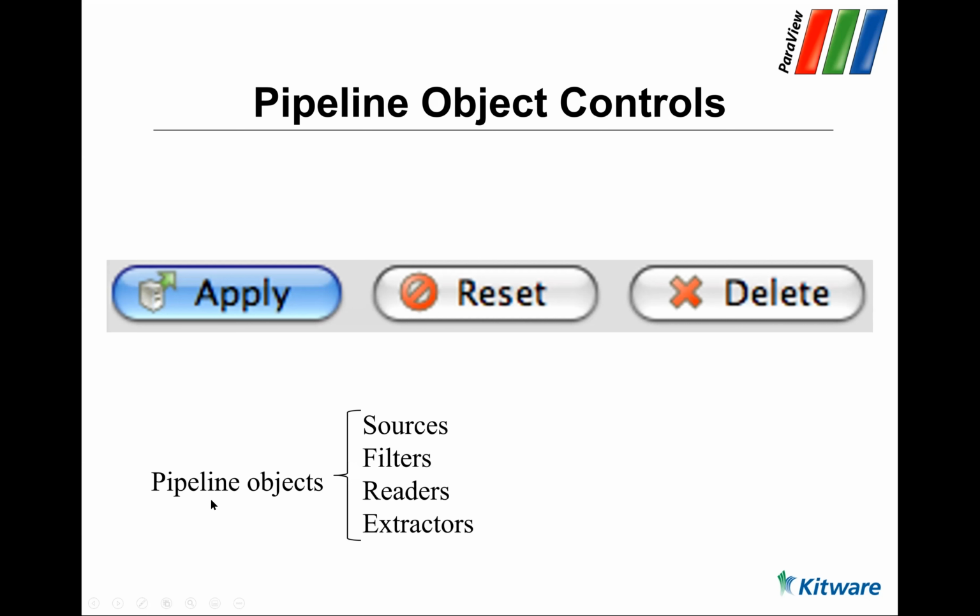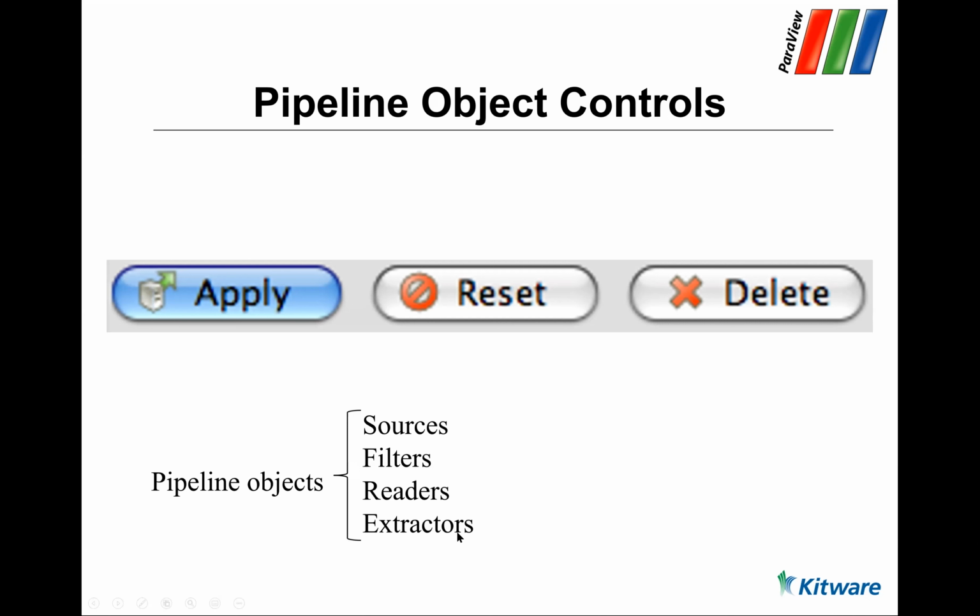Filters, if you are very strict, are objects or processing algorithms that get an input and produce an output. Sources just produce an output, they don't read anything. Readers read data and produce an output, so they read a file from disk and produce output.